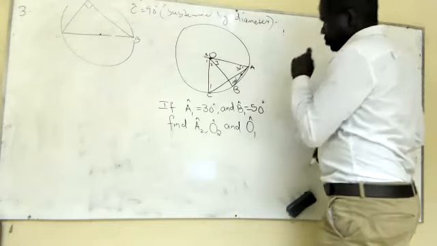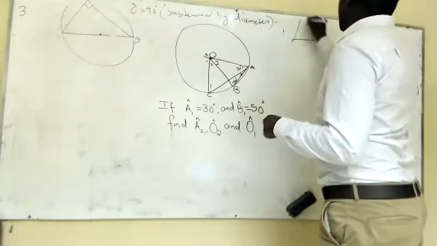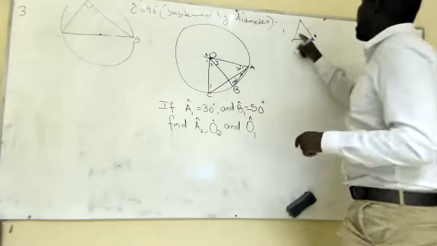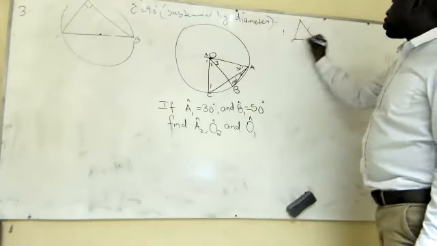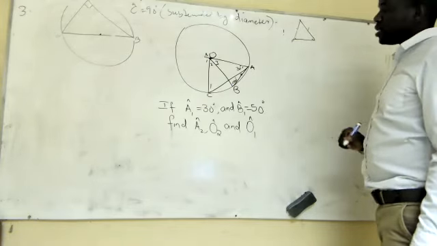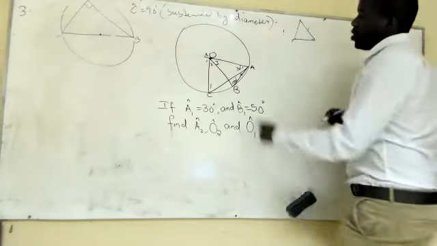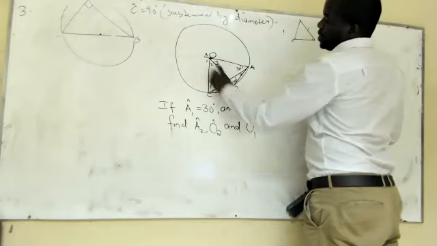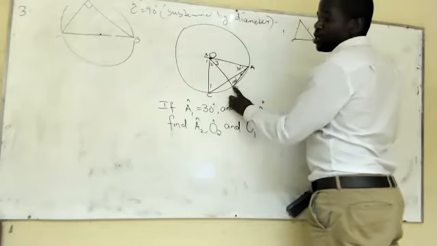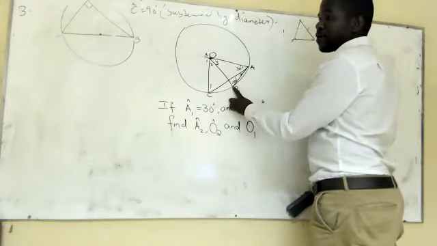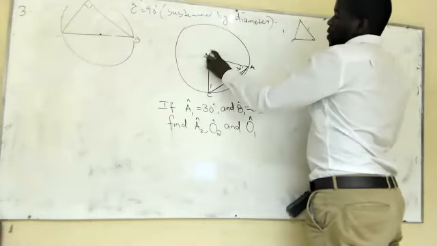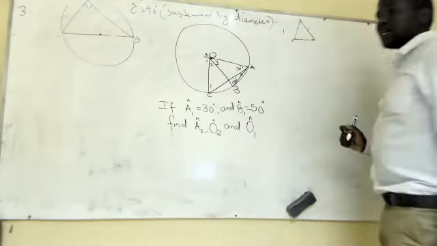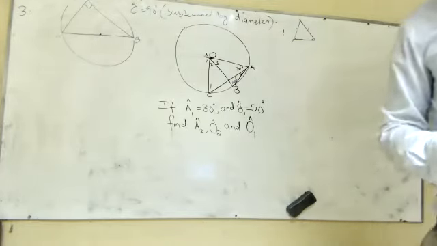Now, with regard to that, we need to remember this theorem: if these two sides are equal, therefore the angles opposite to them must be equal. Let's check here. What is this distance from O2 to B?